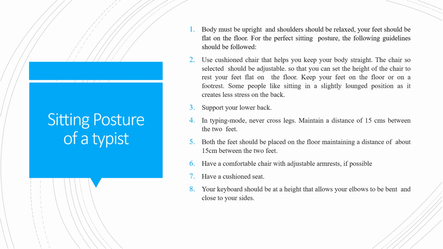And the chair that you select should be adjustable. It means the height should be adjusted according to the height of the person. You can set the height of the chair to rest your feet flat on the floor. Keep your feet on the floor or on a footrest.